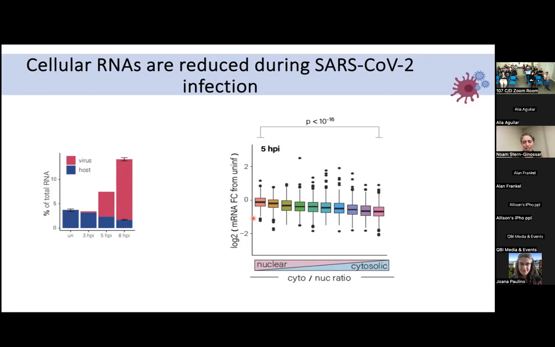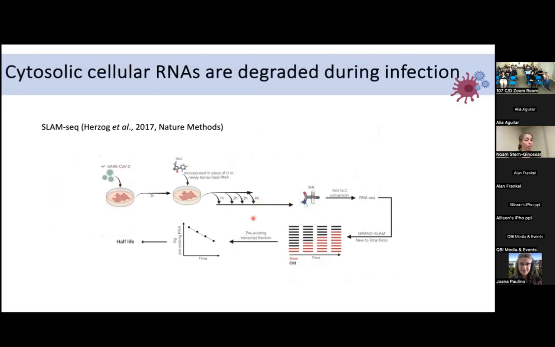And so to directly address that, we used a very powerful method that is called SLAMseq. So I'll walk you through the experiment. We take, again, Calu-3 cells, we infect them or not infect them with SARS-CoV-2, and then 3 hours post-infection, we use a uridine homologue, which is called 4SU, which will now incorporate into newly synthesized RNA. And then we harvest the RNA at 1, 2, 3, and 4 hours post-labeling.